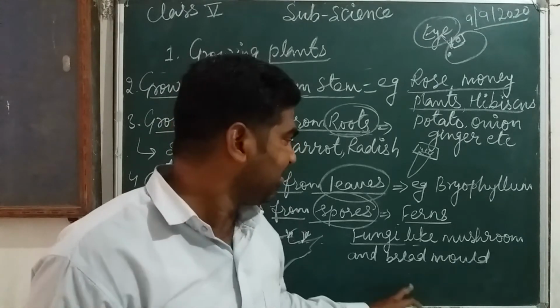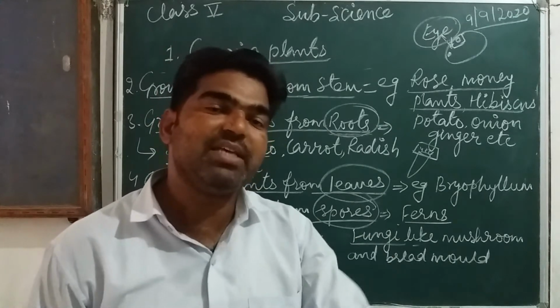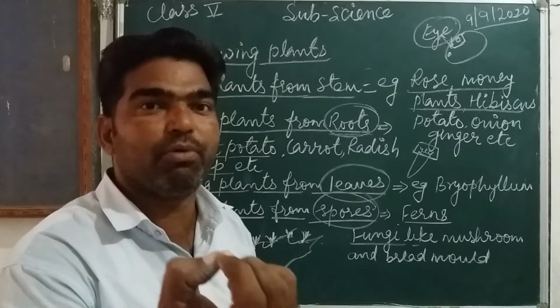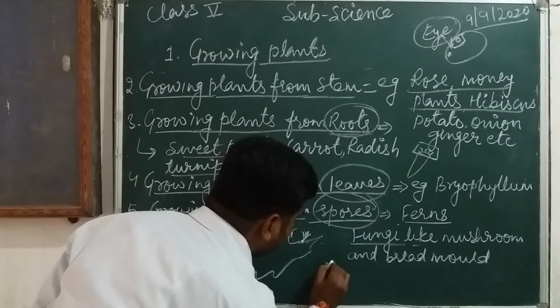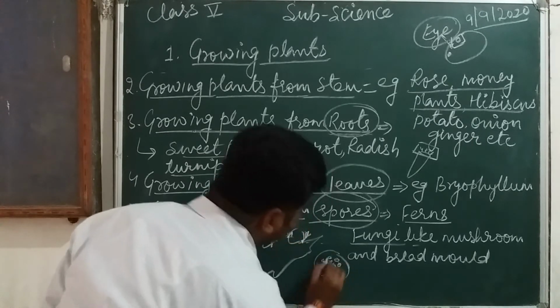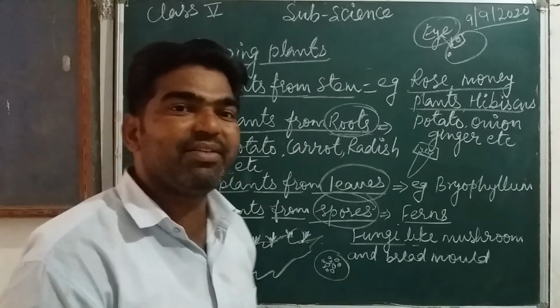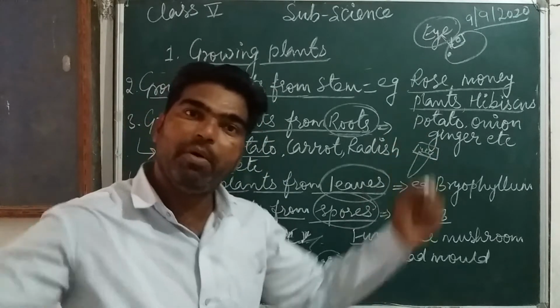So that is what? That is the bread mold. वो क्या है, एक fungi है, and that fungi is developed by the spores. Spores यानी छोटे छोटे कण होते हैं इस टाइप के ना, just like this, small. So when these spores get the favorable condition, then it develops into a new plant.